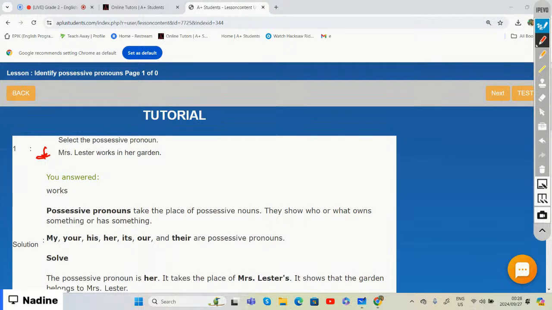And if we were to choose our correct possessive pronoun within that sentence, it says Mrs. Lister works in her garden, then we can say her is our possessive pronoun. In whose garden? It's in her garden. And her refers to Mrs. Lister.